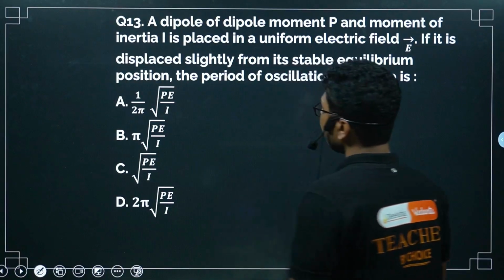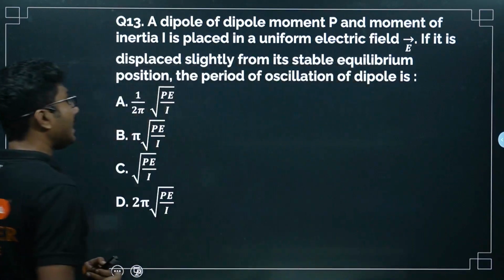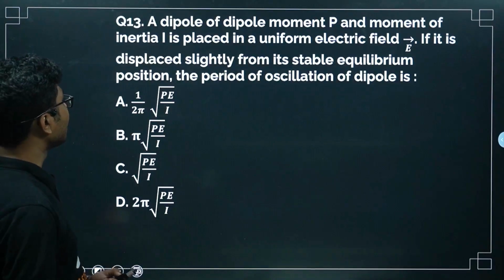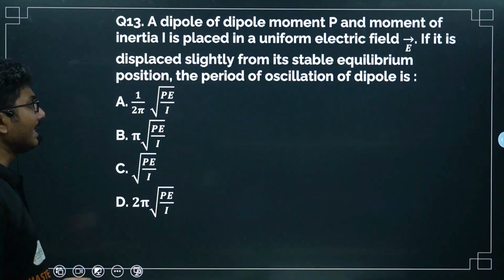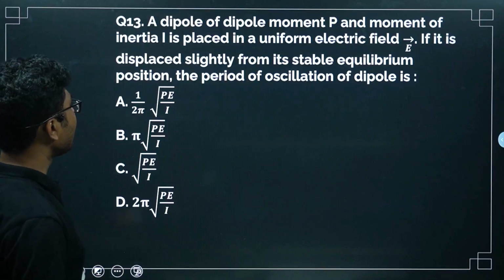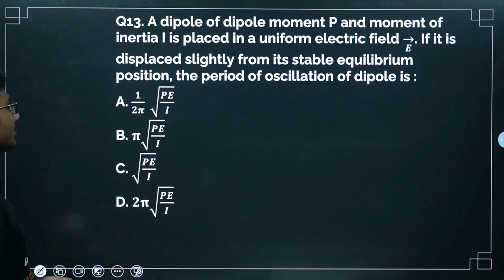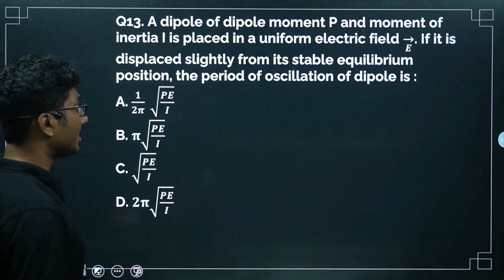A dipole of dipole moment P and moment of inertia I is placed in a uniform electric field E. If it is displaced slightly from its stable equilibrium position, the period of oscillation of the dipole is?